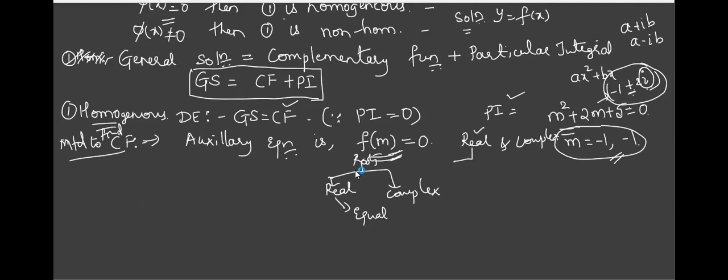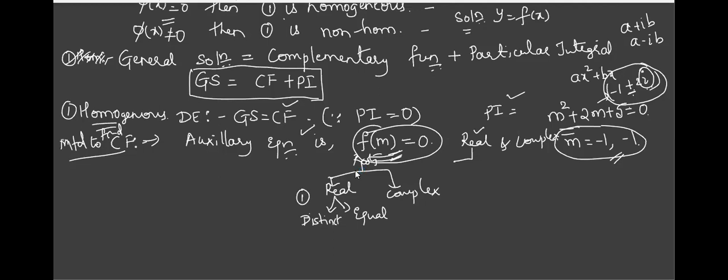Is it going to happen whenever you have a quadratic equation and get real roots, that you always get them equal? Yes or no? No. Sometimes you'll get unequal, correct? We call it distinct. So depending on the nature of the roots of the auxiliary equation, they have divided this into three cases.